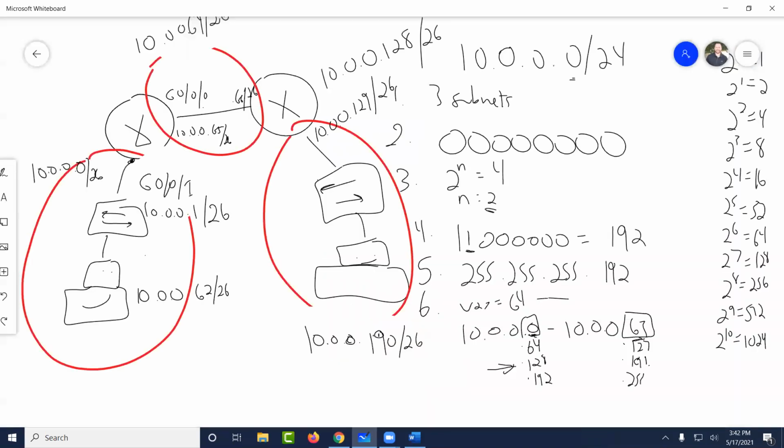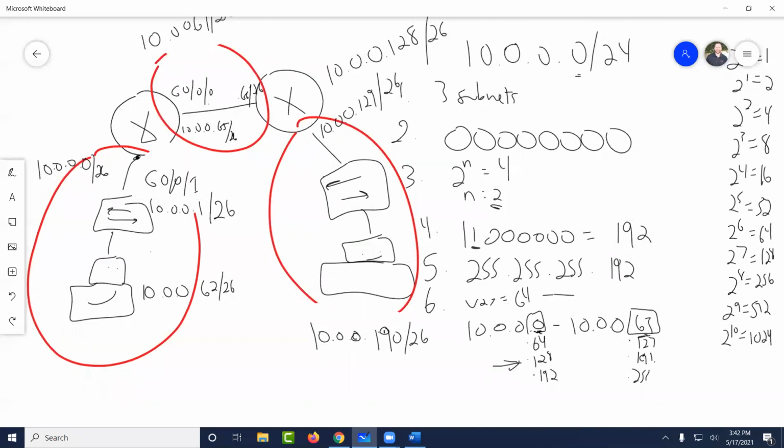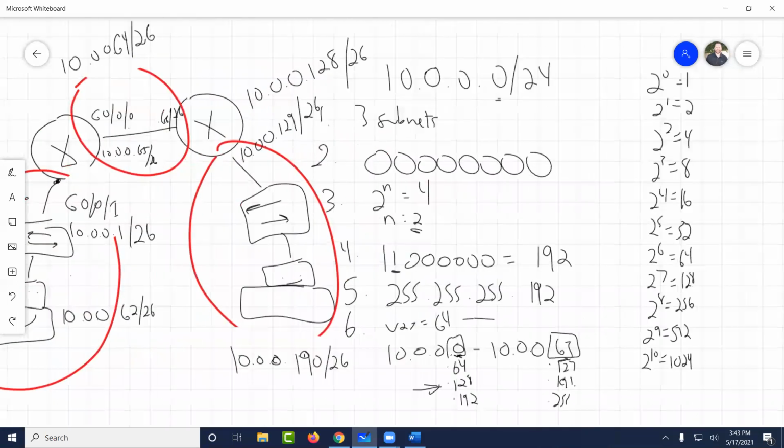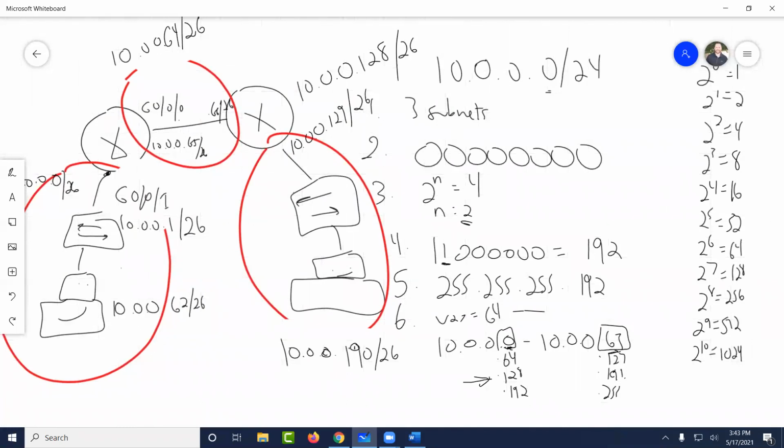I subnetted this and broke it into 4 subnets, but on this link right here, which is a point-to-point link, I used an entire subnet of 2 to the 6 hosts, so 62 hosts. Wow, sorry, y'all. I used a subnet of 62 hosts right here for a link that has at most 2 hosts.